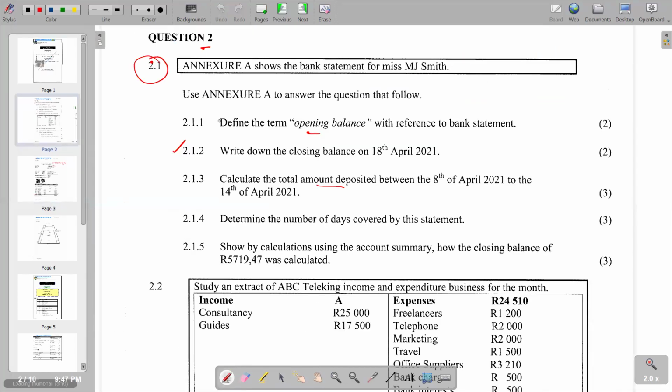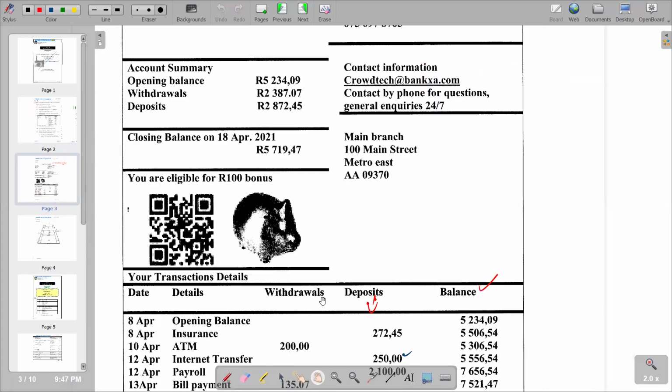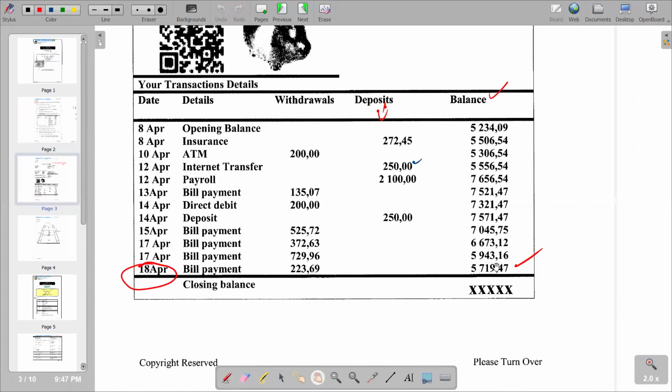We'll go to the next part of our question, 2.1.5: show by calculations using the account summary how the closing balance of 5,790.47 was calculated. We have the balance already, which is on the statement, the closing balance.